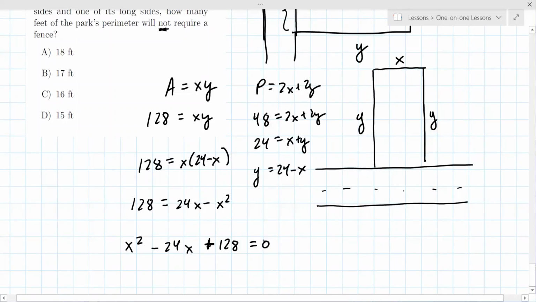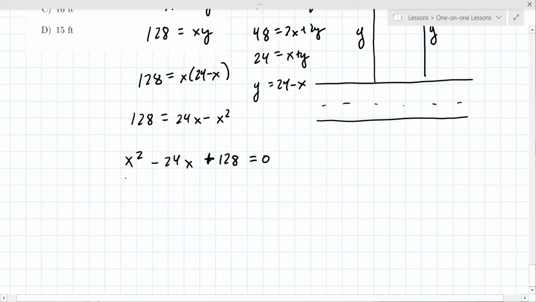And then quadratic formula, or maybe factoring, because 128 is a better number to work with. 1 and 128, 2 and 64, 4 and 32, and then 6 and 18. I think that's maybe the one you want. No, 8 and 18.